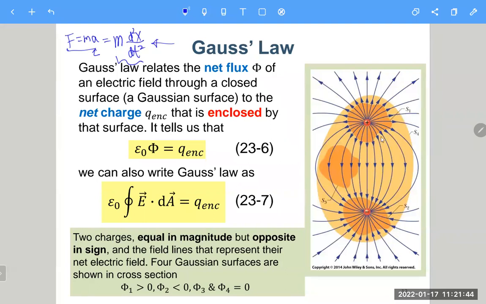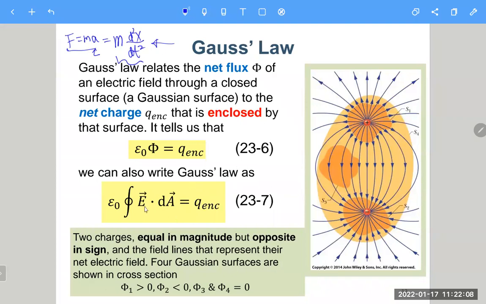So when you consider Q enclosed here, which is this positive charge, it doesn't relate to the charge outside the Gaussian surface, because enclosed means the charge is inside the Gaussian surface. So for S1, the Q enclosed is only this positive charge.